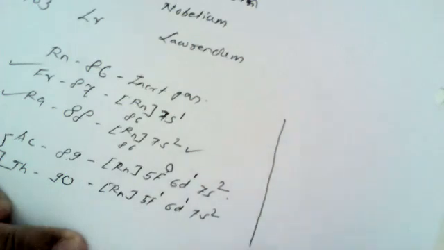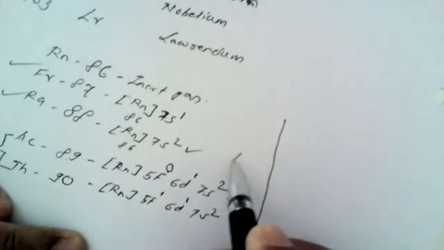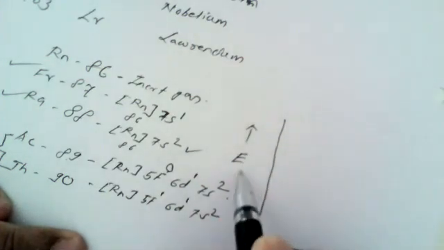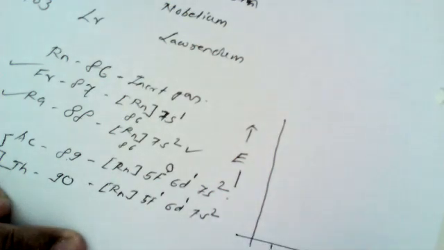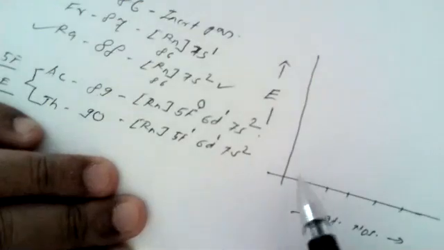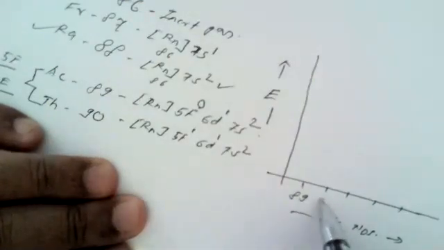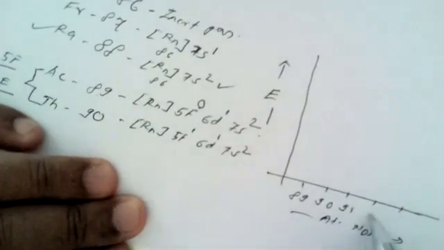But if we see the energies of these 3 orbitals with their respective atomic numbers, here, this is atomic number 89, 90, 91, 92, 93.